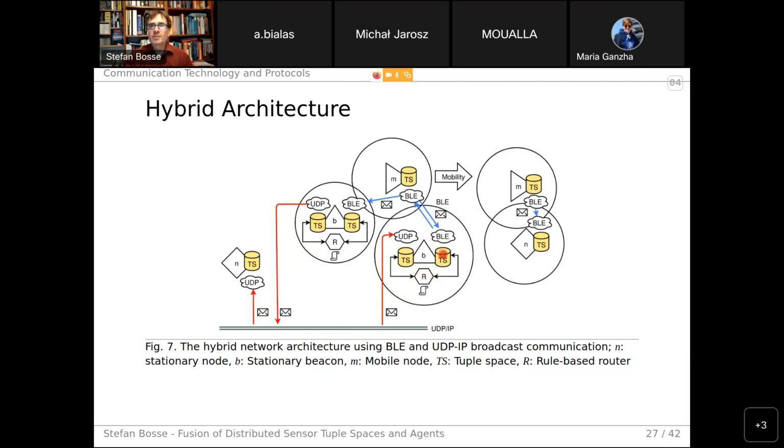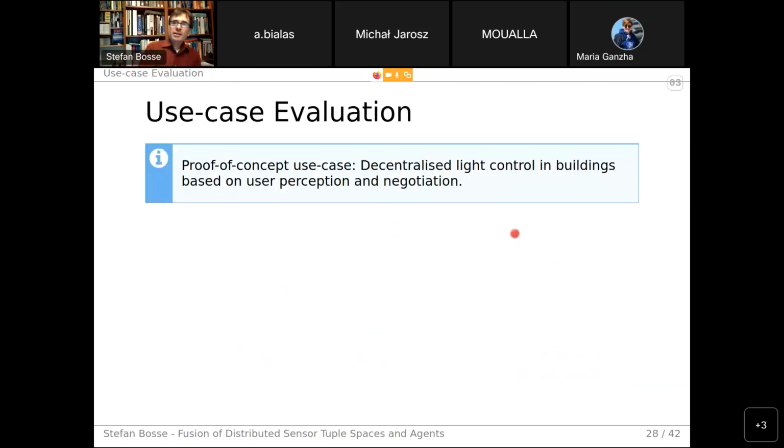And the agent forwards this via Bluetooth to a mobile smartphone device. And now the user is migrating to another floor or whatever, or other building, for example. And again, we have here a beacon. Then this mobile device carries this transmitted data tuple and can propagate it here in a new special context. So we have mobility of tuples by mobile users, or cars, vehicles, or whatever. At the end, a short use case evaluation.